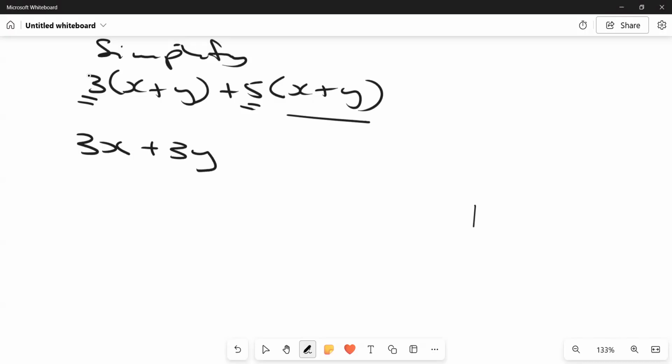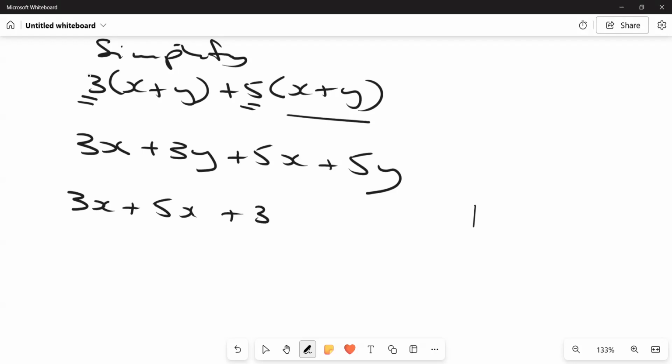Now positive 5 times x gives you 5x, and positive 5 times y gives you 5y. If you want to group the similar terms together, you put the x's together and the y's together. Add these two, and add those two, and you get 8x plus 8y.